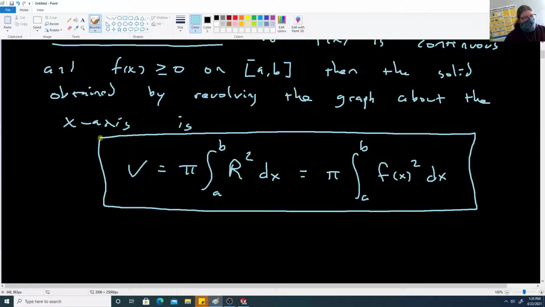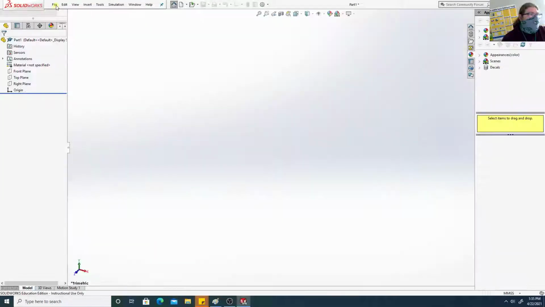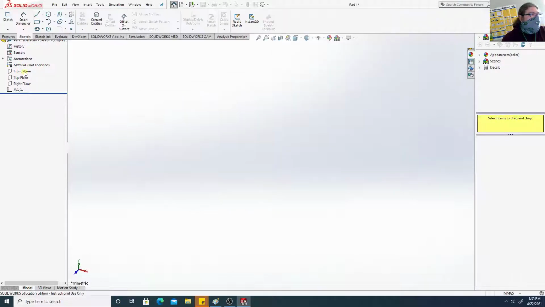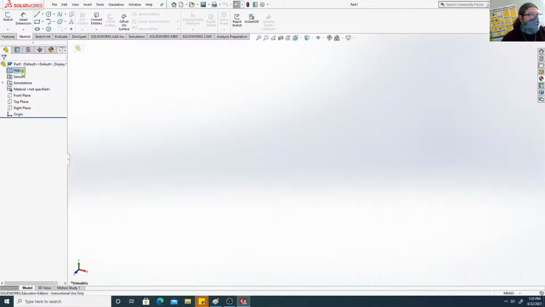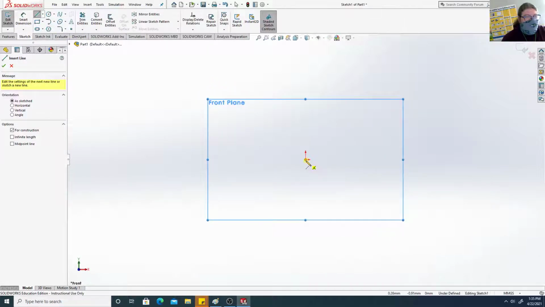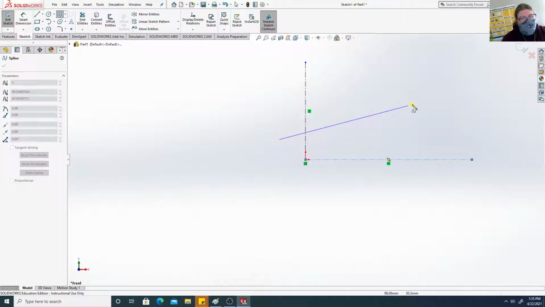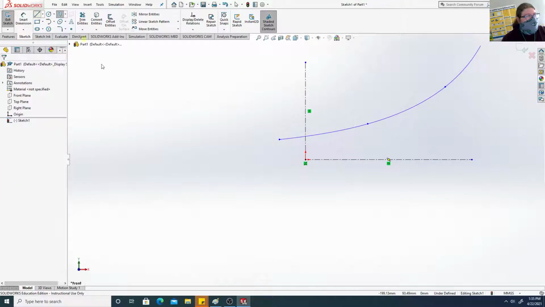To give you all a slightly clearer idea of disk versus washer method, say we were dealing with a graph, and let's just say real quick that this is our x-axis and this is our y-axis. And let's say we had some sort of function curve like that.